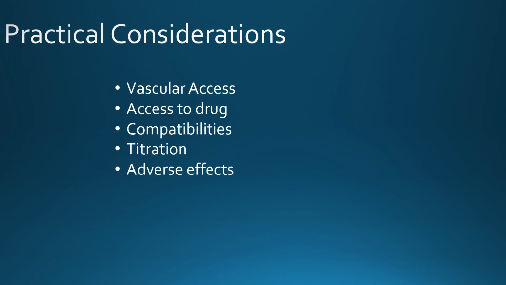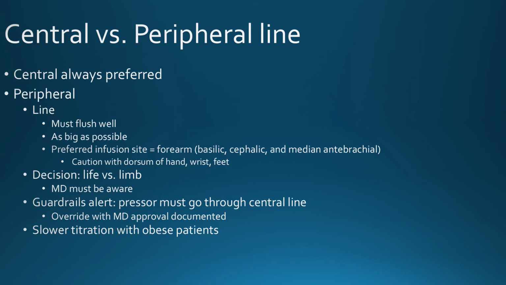The practical considerations include the vascular access to drugs, compatibilities, titration, and adverse effects. Central versus peripheral line: central is always preferred. A peripheral line must be flushed well and be as big as possible. Preferred infusion sites are the forearm, basilic, cephalic, and median antebrachial veins. Use caution with the dorsum of the hand, wrist, and feet.